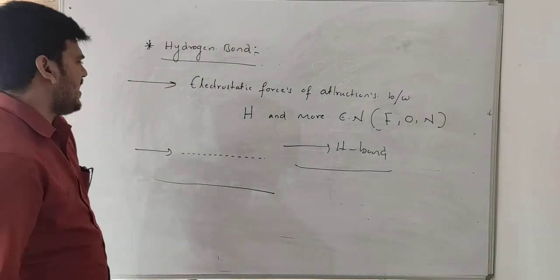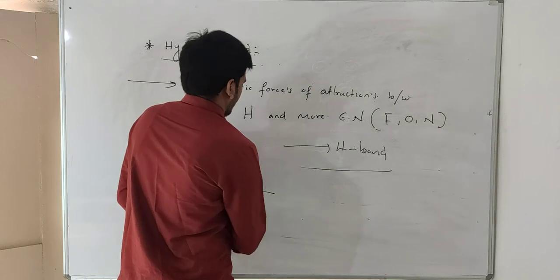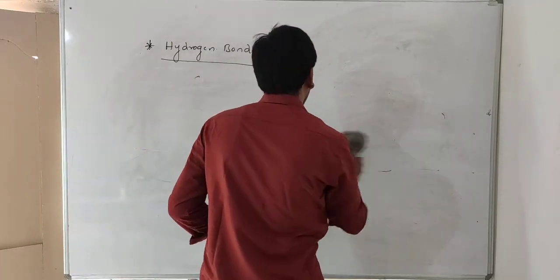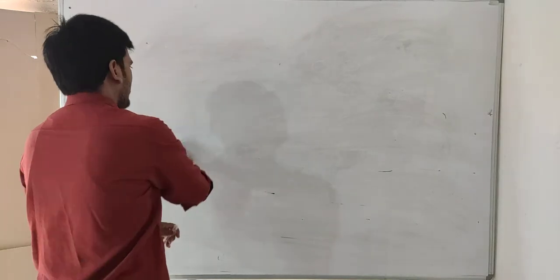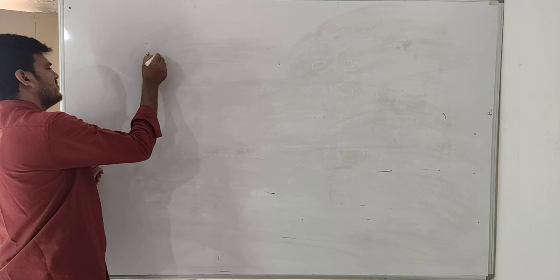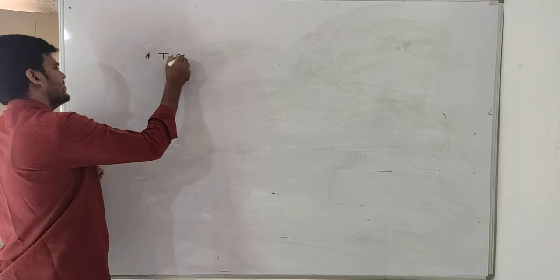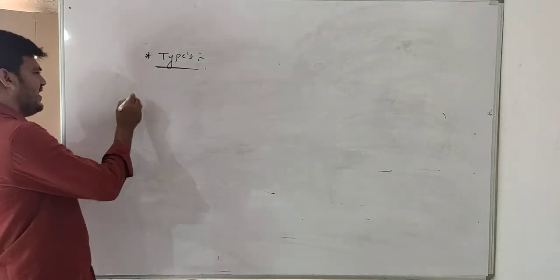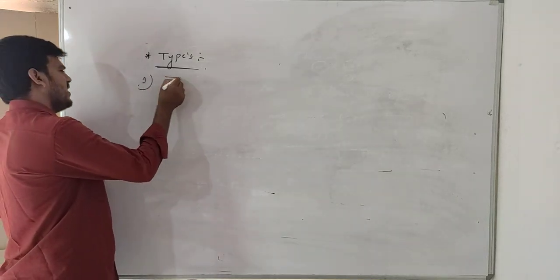Okay, and further, hydrogen bonds are classified into two types. So next, types of hydrogen bonds. So the first one is intermolecular hydrogen bond.